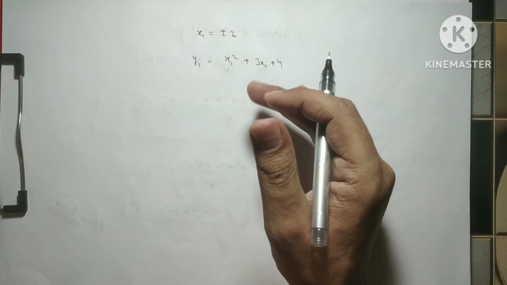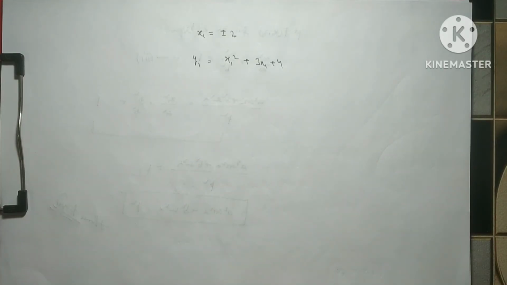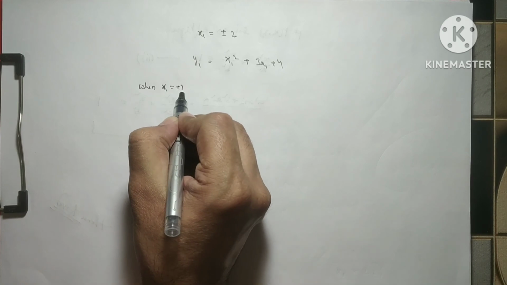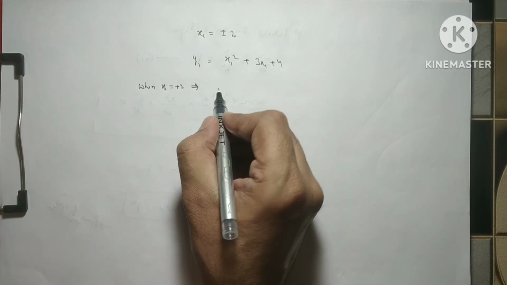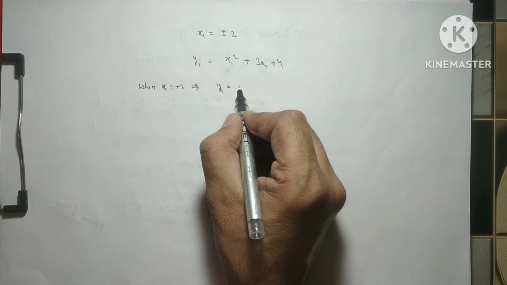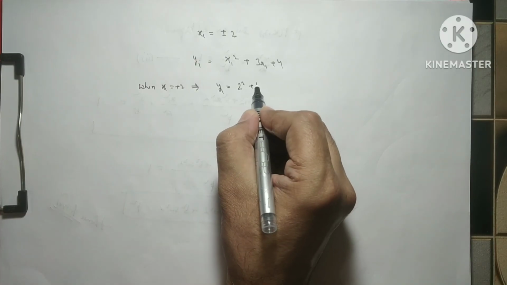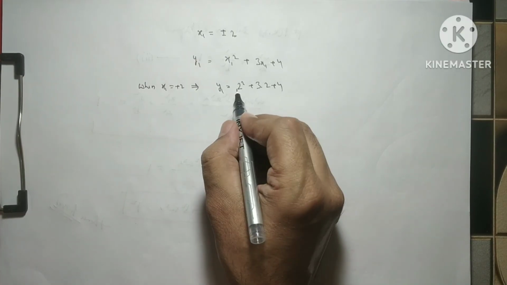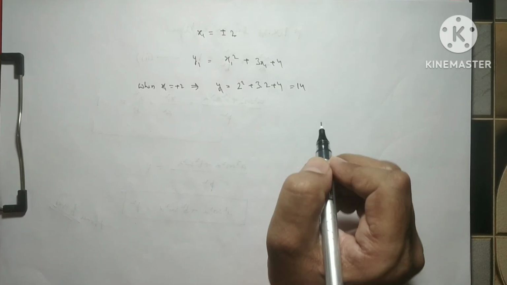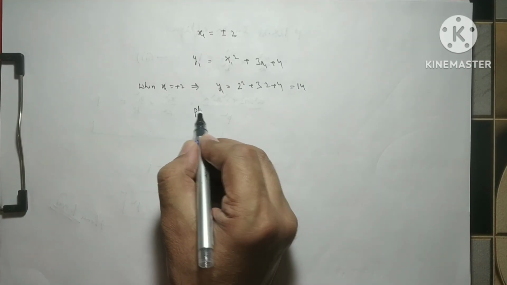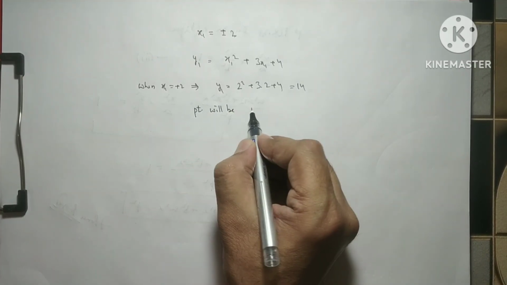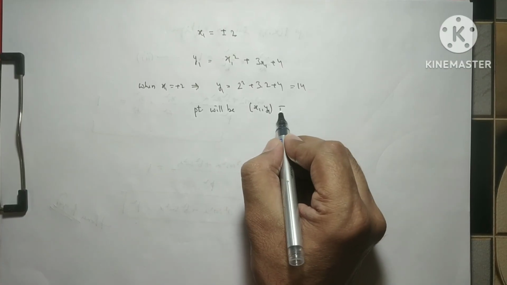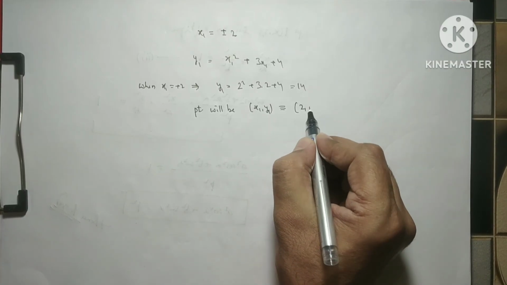When x is positive 2, then y1 will be 2 square plus 3 into 2 plus 4. It is 4 plus 6 is 10, plus 4 is 14. So the point x1 y1 will be 2 comma 14.